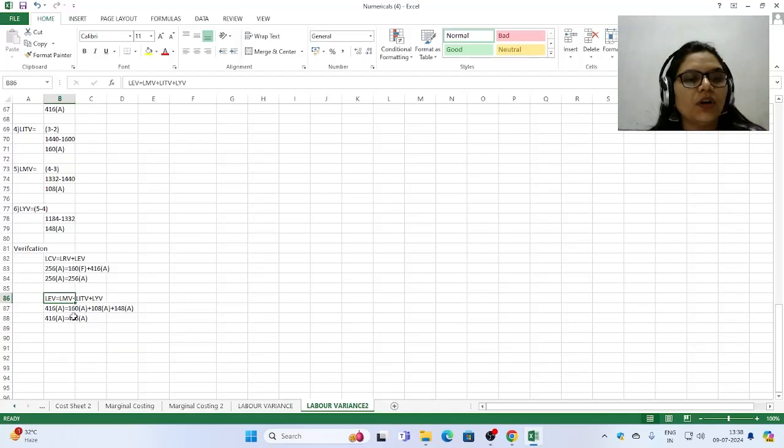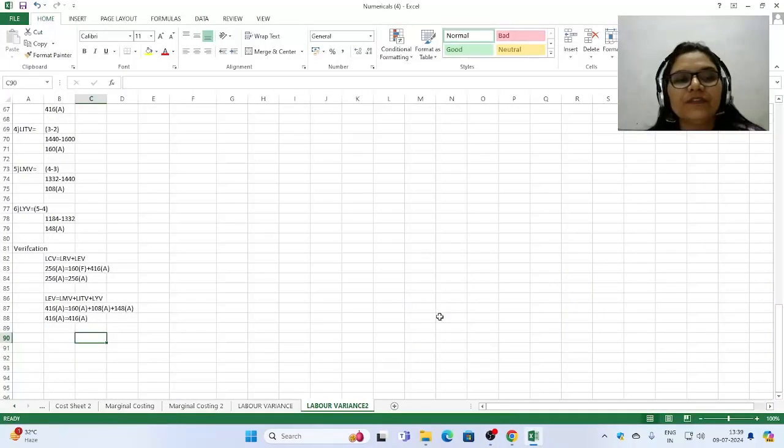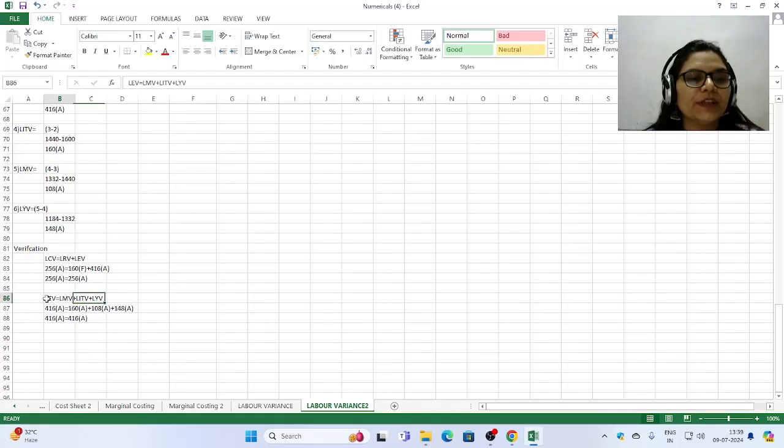So this is all about your labor efficiency variance. And this is all about the verification we have done in case of labor efficiency variance, whether labor efficiency variance is equal to labor mix variance plus labor idle time variance plus labor yield variance.